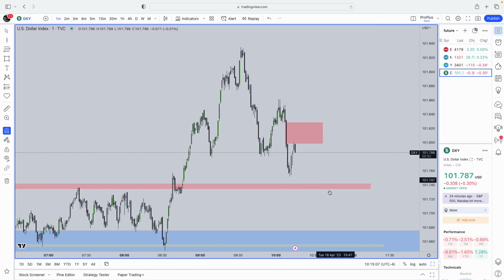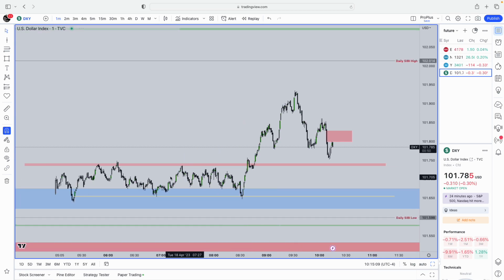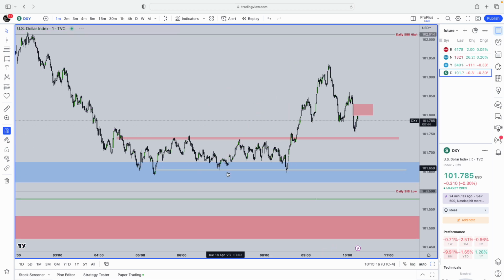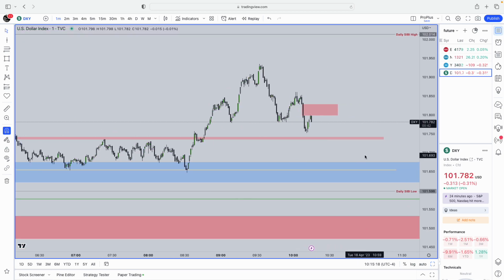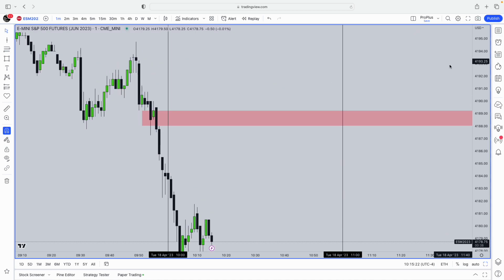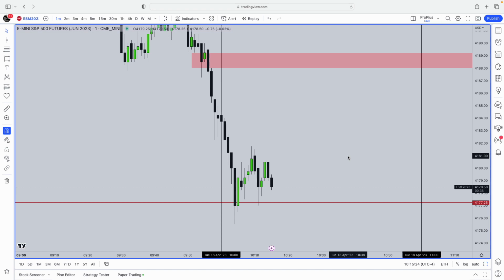I want to see this get smashed through because it showed resistance here. I don't want it to show support now. I want to see it break through this, and then we'll be heading into this 5-minute fair value gap, which I also want to see get broken. There's a volume imbalance there.